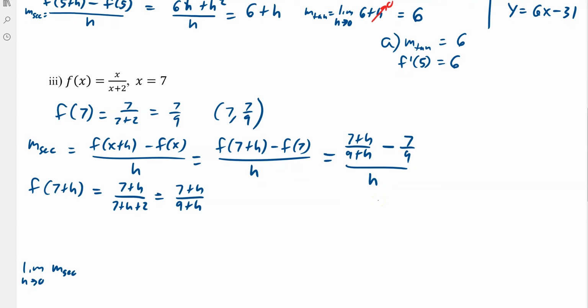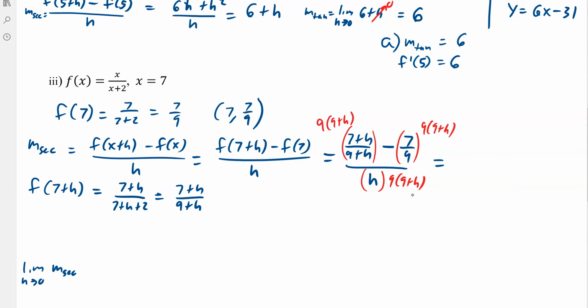So here's the trick. You're going to multiply the top and the bottom by our denominators, which are 9 and 9 plus h. So 9 plus h, 9 plus h, and then you also have to do the denominator. So I'm just multiplying the entire top by 9 plus h, and the bottom by 9 plus h.